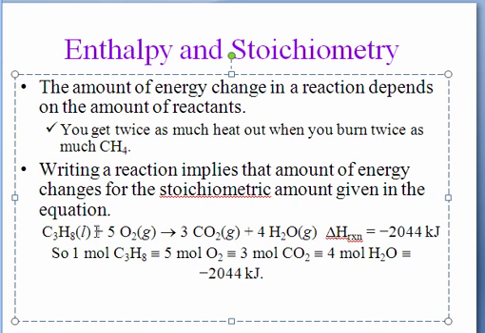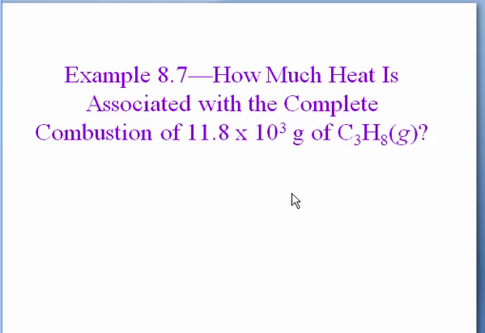When this burns, it produces 3 moles of carbon dioxide for each mole of propane and 4 moles of gaseous water for each mole of propane, and 2,044 kilojoules of heat are released for each mole of propane. So we're used to, by now, looking at these stoichiometric relationships between our chemicals. We can also apply these to the heat that is released or absorbed in a reaction. So let's look at how we can solve a problem.